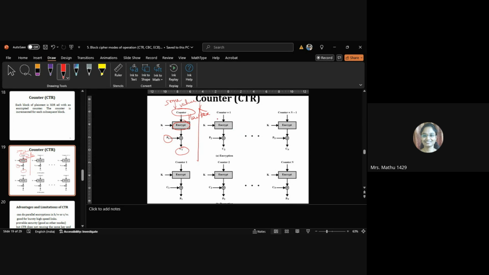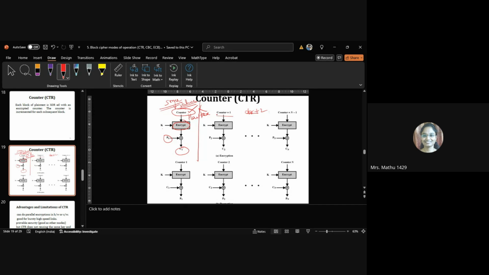Rather, what we are going to do is we have assumed some counter value right here. That value is going to be incremented for every block. So counter plus 1, counter plus 2, counter plus 3, and so on, up to counter plus n minus 1. So we are going to increment the counter value for each block of plain text.